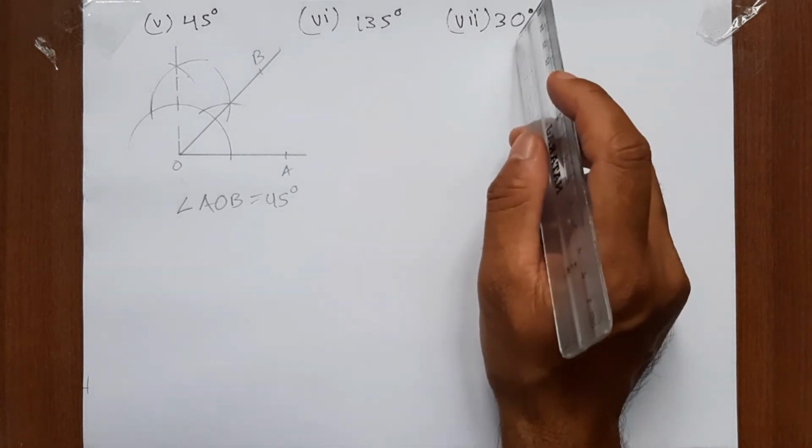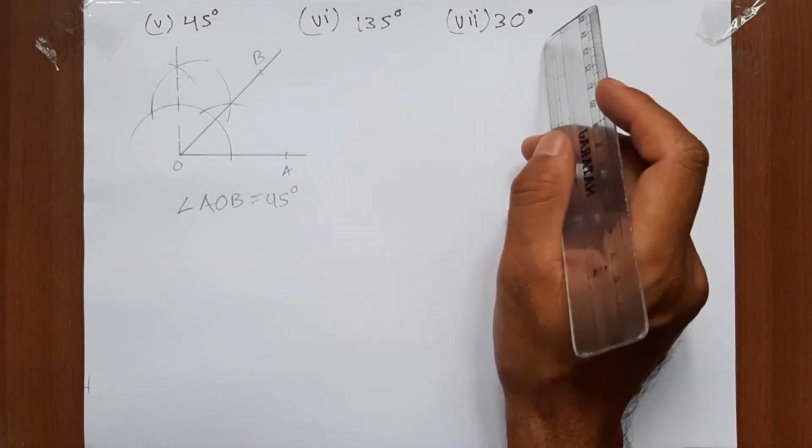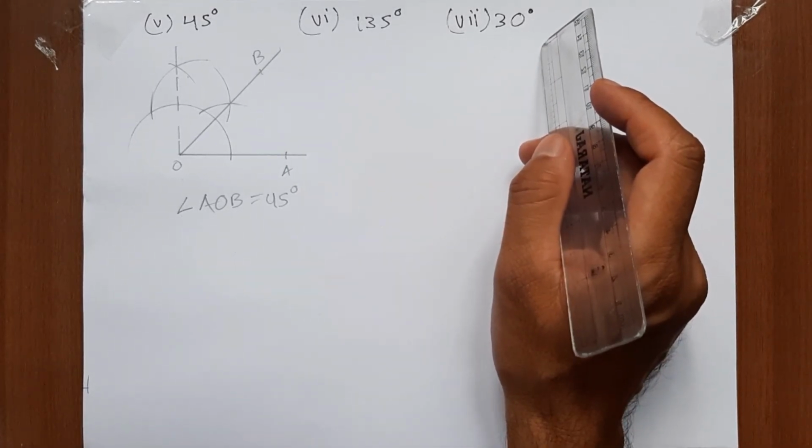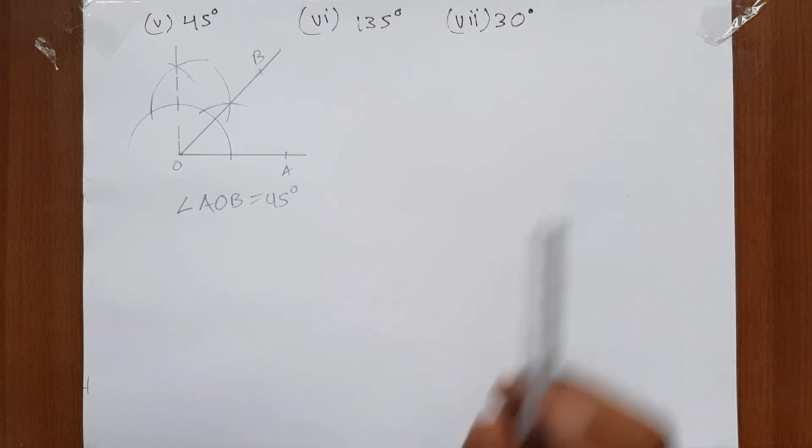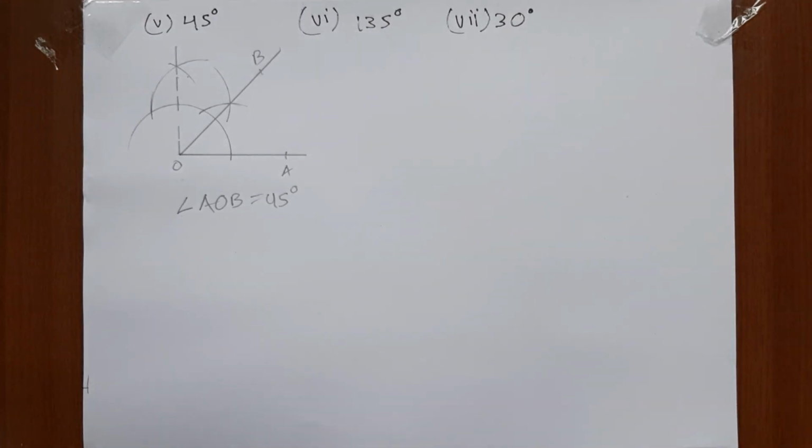Again, to draw a 30-degree angle, we will make the angle bisector of 60 degrees. In a similar manner, we can draw any angle that is a multiple or divisor of 30. So that's all for this session. Thank you.